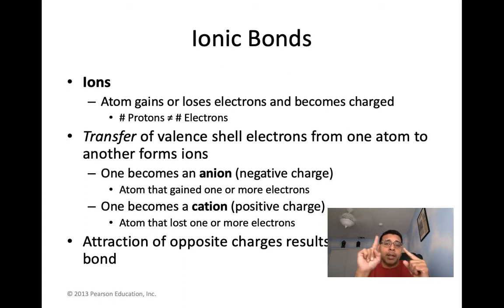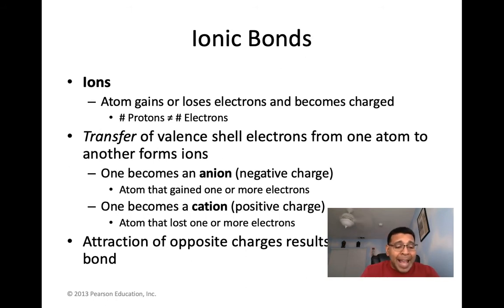If it loses the negative charge, it gains a net overall positive charge. I'm just doing this in the air right now, but you're going to actually see that with the picture. We're going to use sodium chloride as an example.